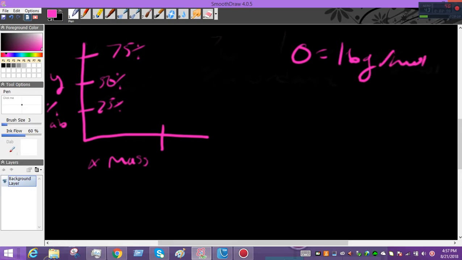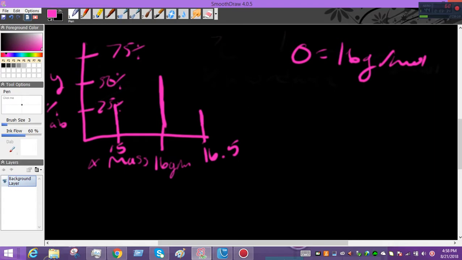So let's assume that at 16 grams per mole, you have a percent abundance that goes up to 50%. And let's say at 16.5, you have a percent abundance of 25%, and at 15, we have another percent abundance of 25%.